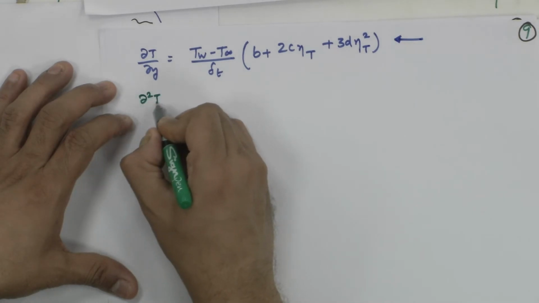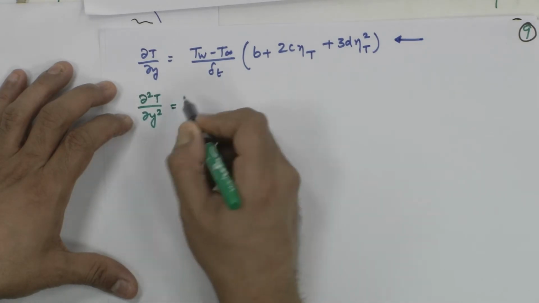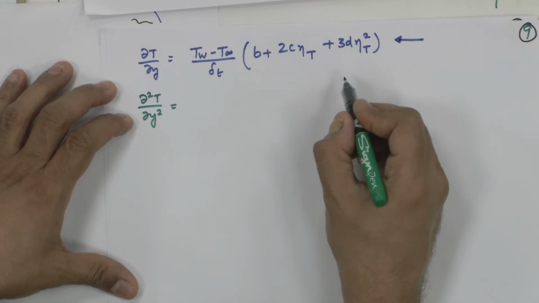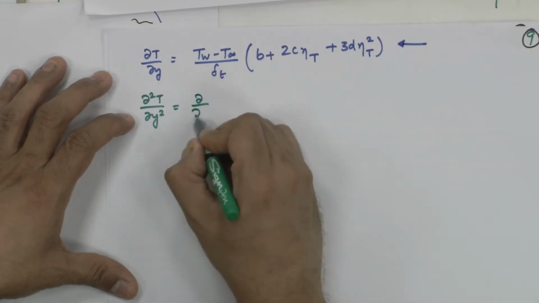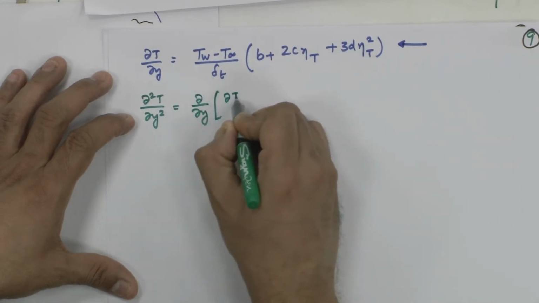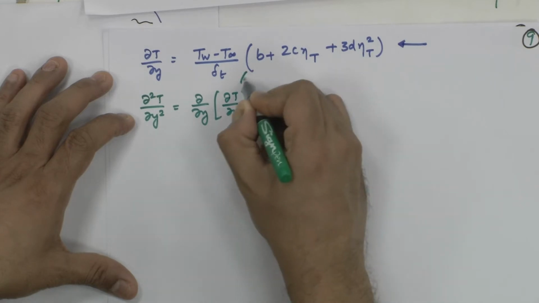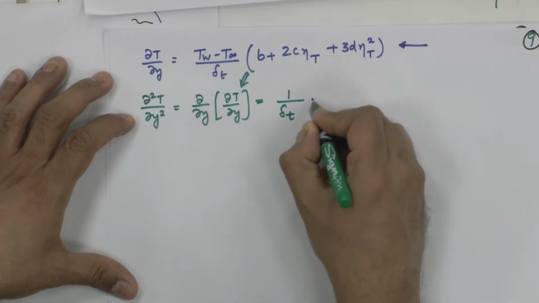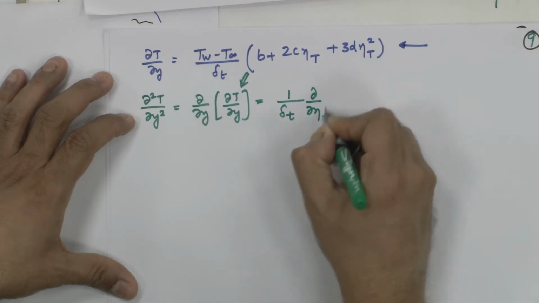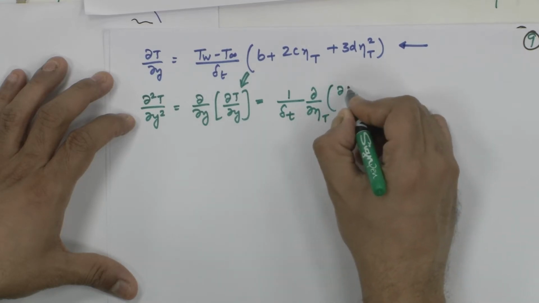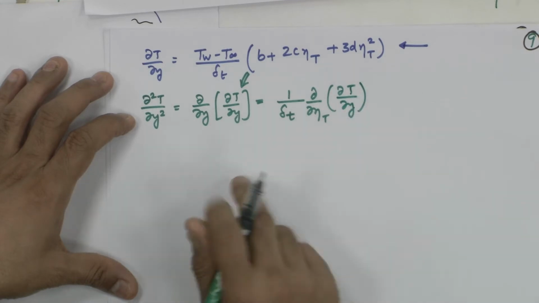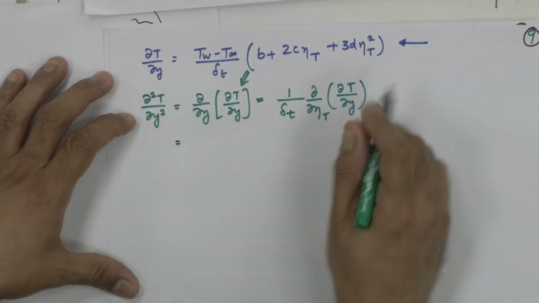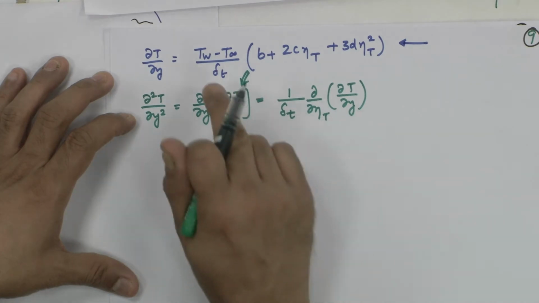d squared T by dy squared is the derivative of this quantity. So, d by dy of dT by dy, which is obtained from here, is nothing but 1 over delta t d by d eta t of this expression using the transformation. So, I have one delta t, another delta t.